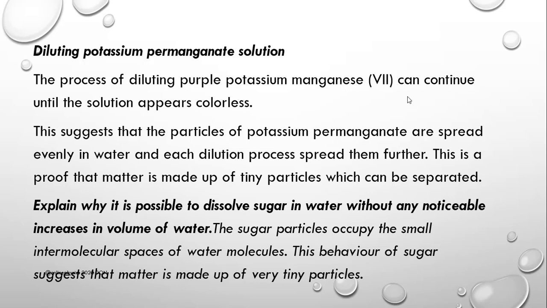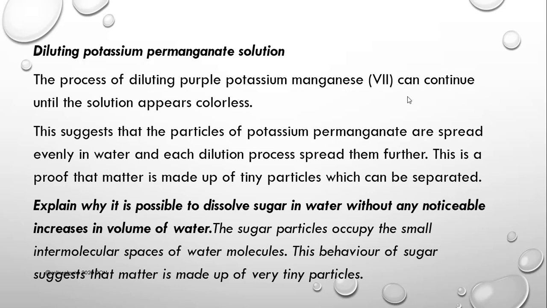We are going to look at the process of diluting the purple potassium permanganate solution, and we can continue diluting it until the solution appears colorless. This suggests that the particles of potassium permanganate are spread evenly in water, and each dilution spreads them further. This is proof that matter is made up of tiny particles which can be separated.